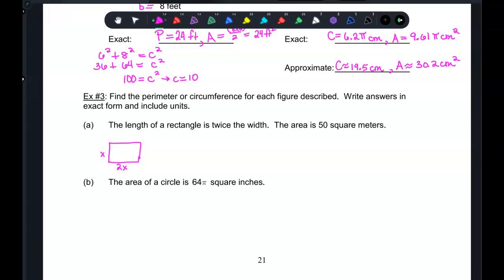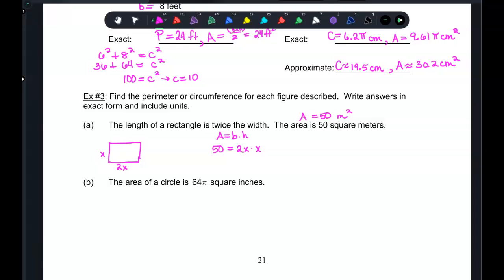Now, we know the area of a rectangle is base times height, right? So base times height. I know the area is 50 square meters, so I'm going to substitute 50 here, and I'm going to substitute 2x times x. Does that make sense? Okay.